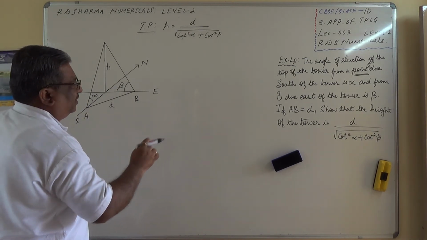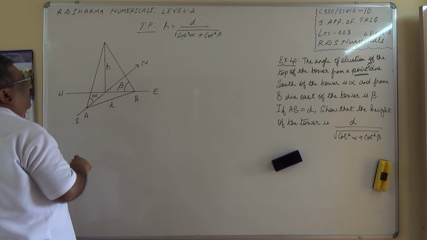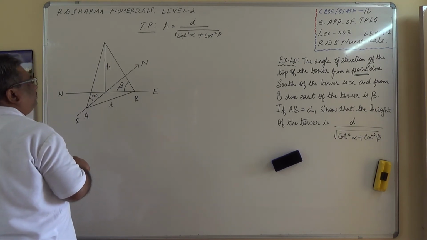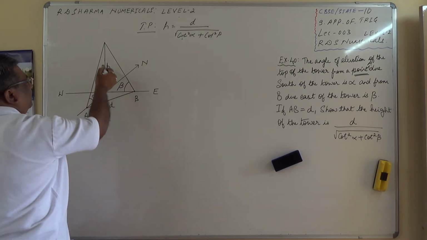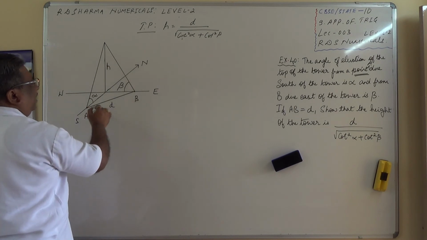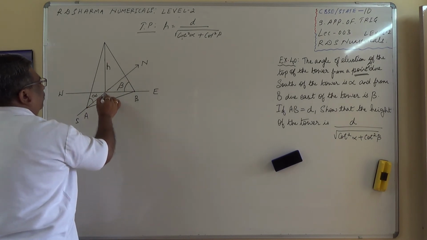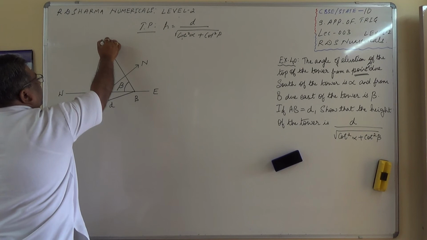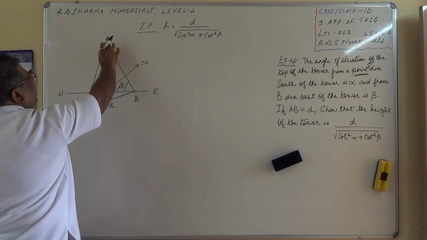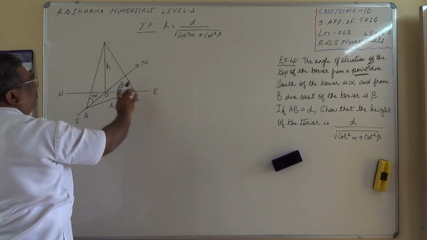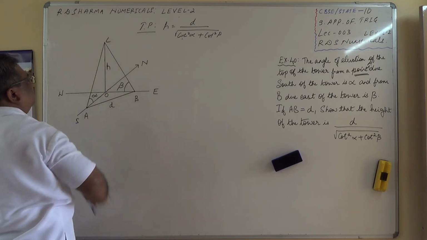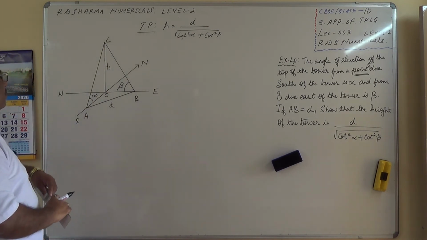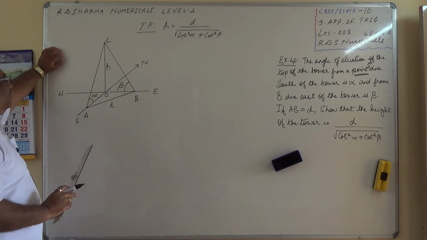D divided by this under root of. So let me mark AB, and this is O here, A, B and C. How should we find out the height h is the question now.